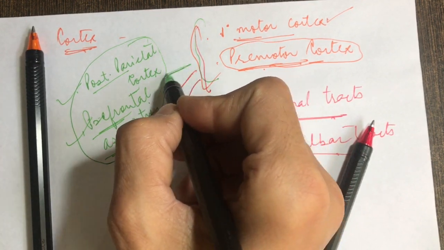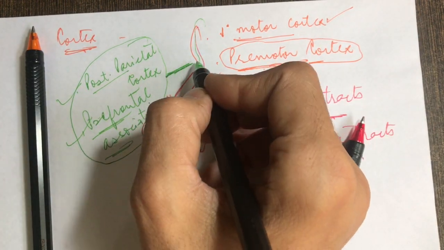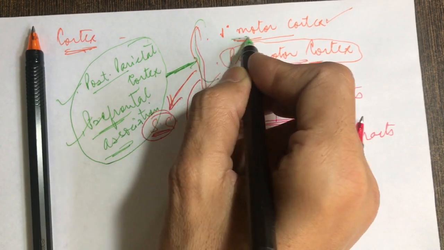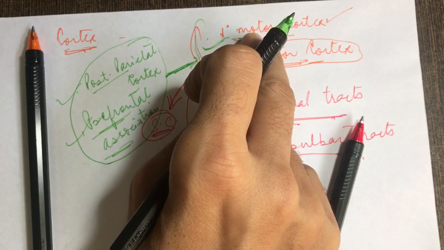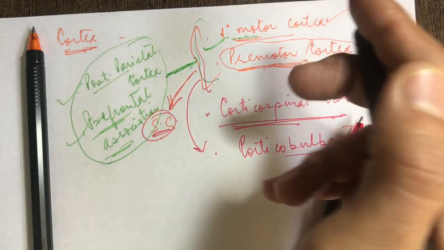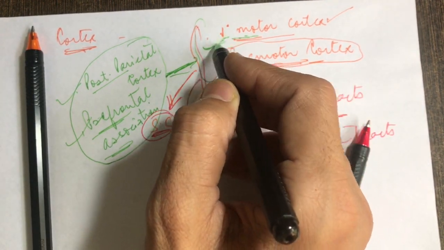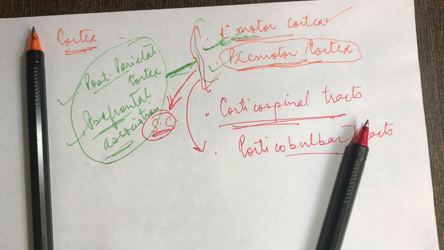They help in programming, sequencing and planning of the movement with the help of the motor cortex. They project mainly to the primary motor cortex, and some to both the primary motor cortex as well as the premotor cortex.